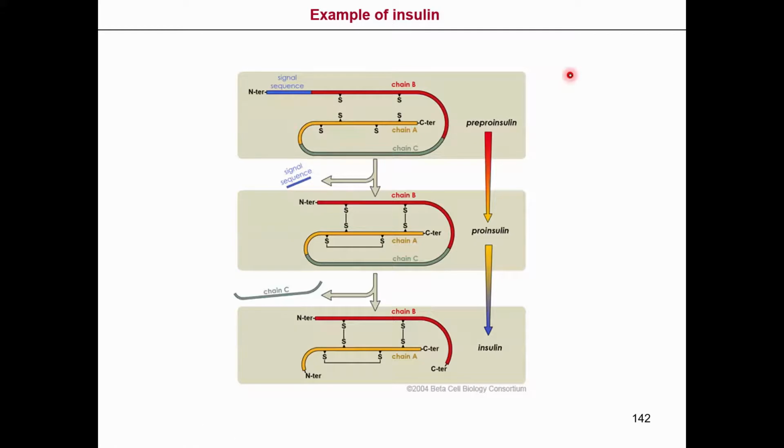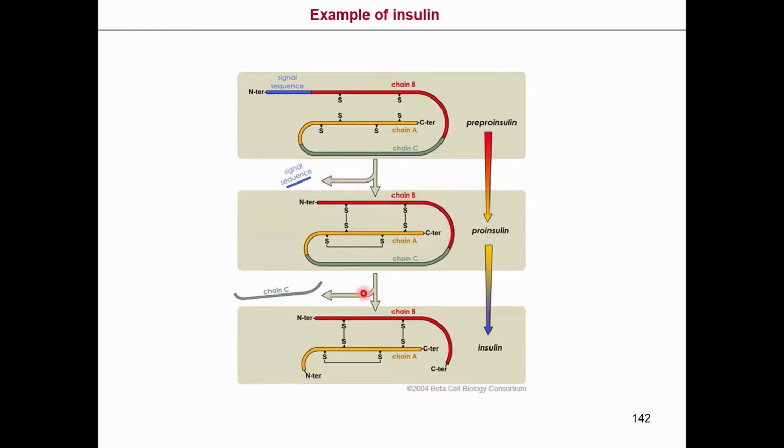So the insulin, after its translation, is a polypeptide chain like this. It's called pre-proinsulin. You will have a signal, and you will have the disulfide bridges, called the proinsulin.